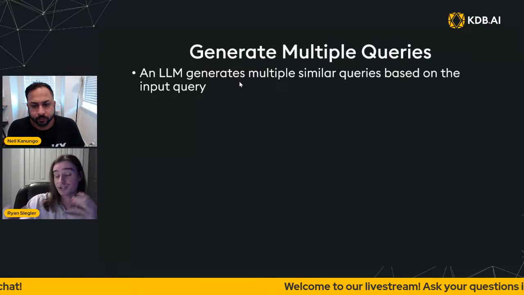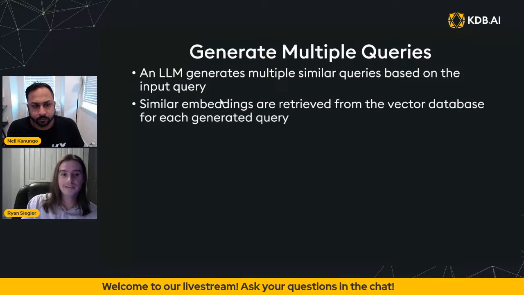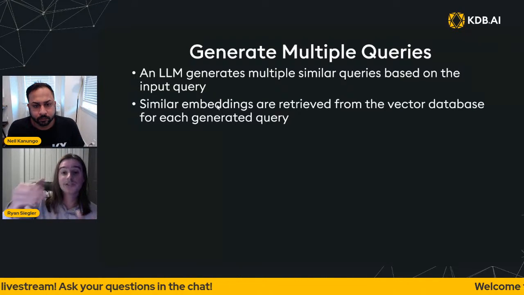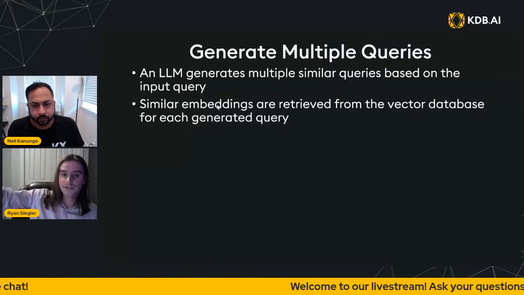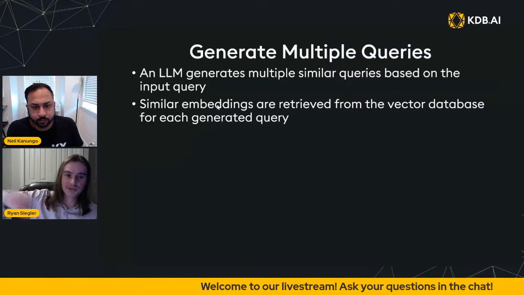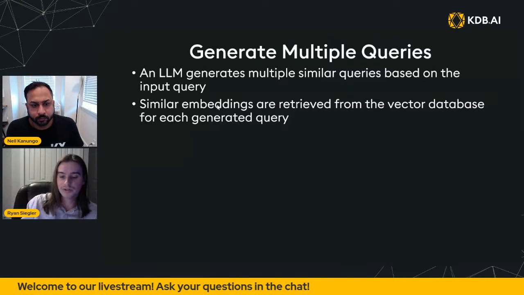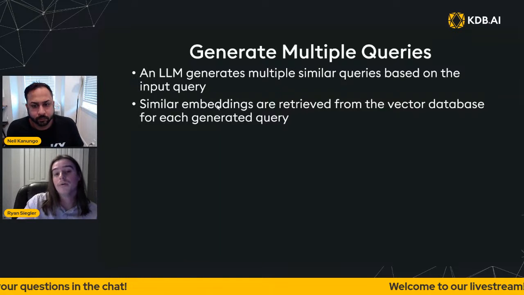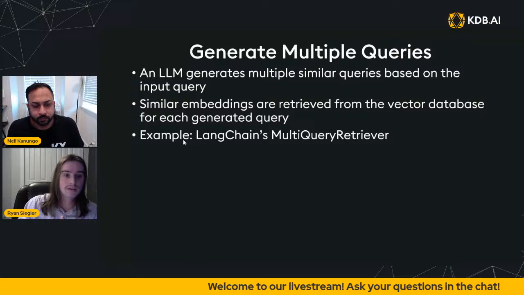So it might restructure how the question's asked or reword that question. And what this will do is give several different options for the user's query, and all of those will be used in the similarity search with our vector database. So the idea is hopefully with a few different versions of these queries, we would be able to get better retrieved chunks of data from our vector database.